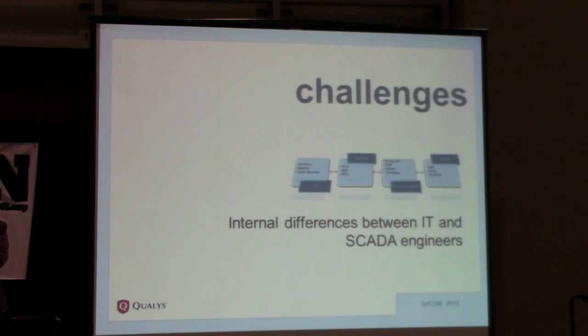In more than one case, we have seen internal differences between the people trying to secure the SCADA system versus the people who own that SCADA system or are responsible to keep it up and running. In a lot of instances, someone trying to secure that system has run a blind port scan or a scan using some tools on the SCADA network, which caused some of the SCADA PLCs to go down.